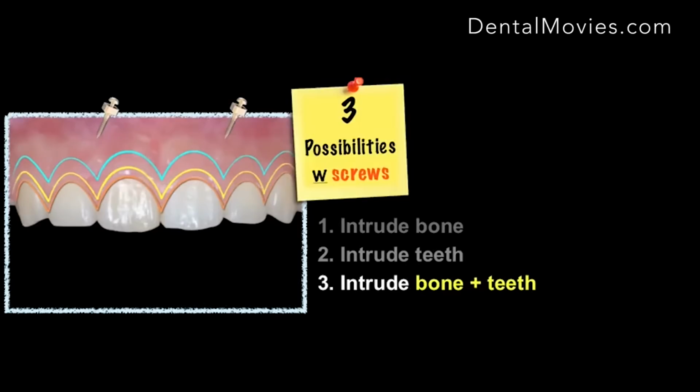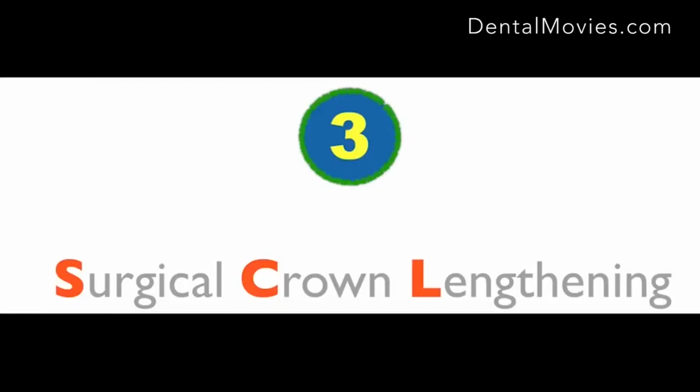So you get a very short tooth. The proportion is not right. So most of the time, you will get this result. It will most likely happen like this. So if that happens, how would you solve this problem? Then surgical crown lengthening might be the best way to do it.